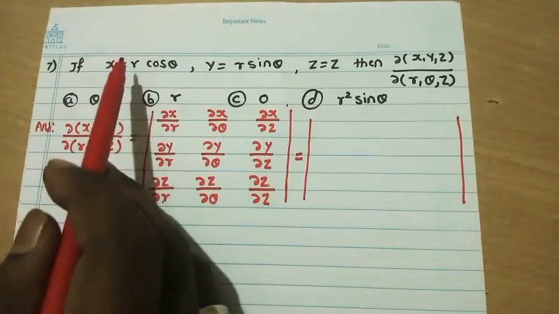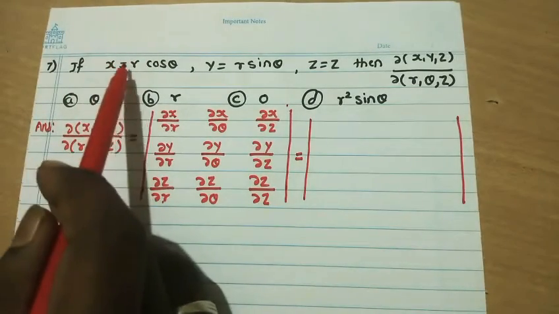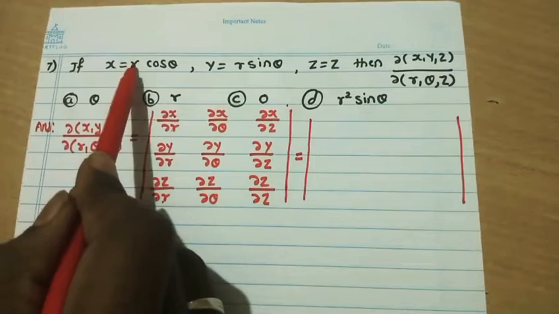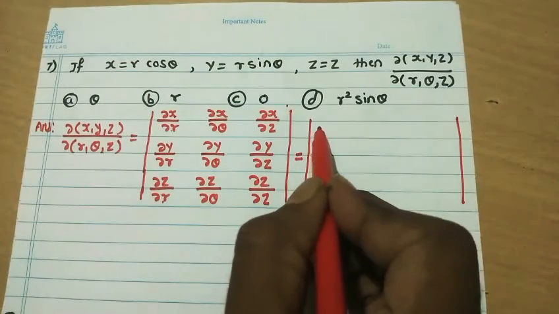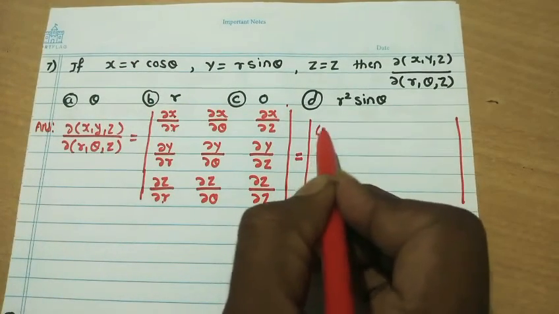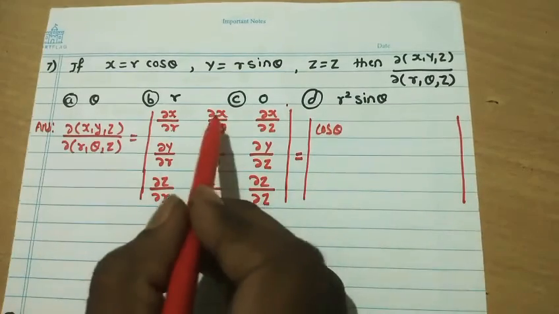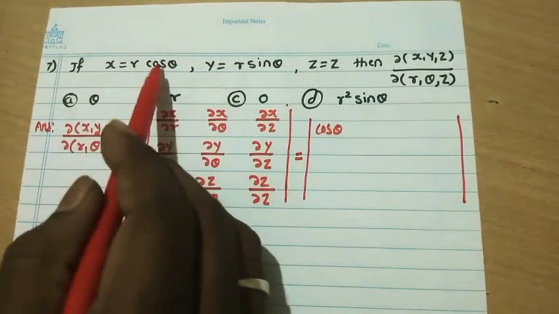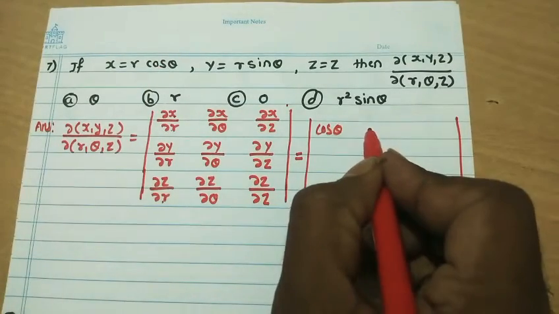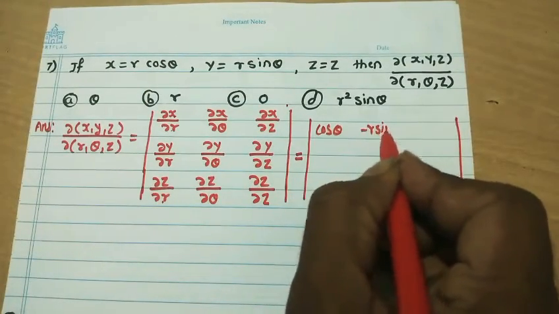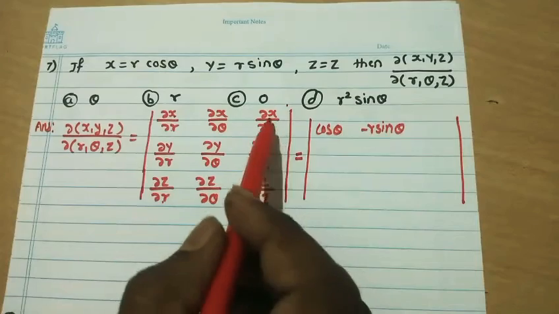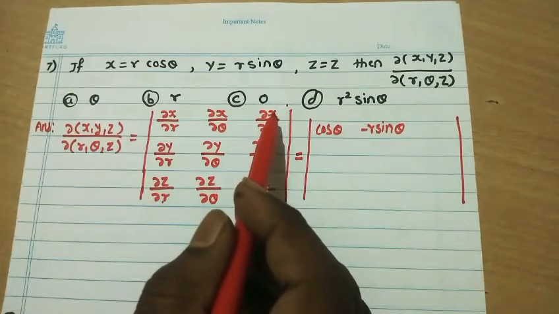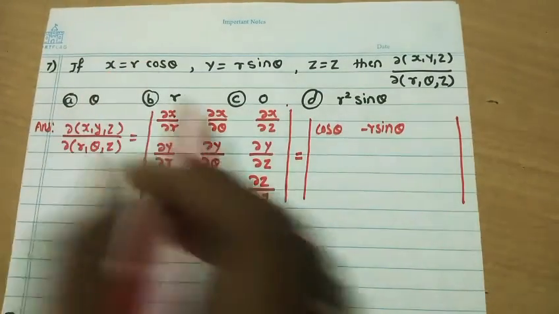So x is here, take the partial derivative of x with respect to r. The derivative of r is 1, so only cos theta remains. Partial derivative of x with respect to theta: the derivative of cos theta is minus sin theta, so minus r sin theta. Partial derivative of x with respect to z is 0.